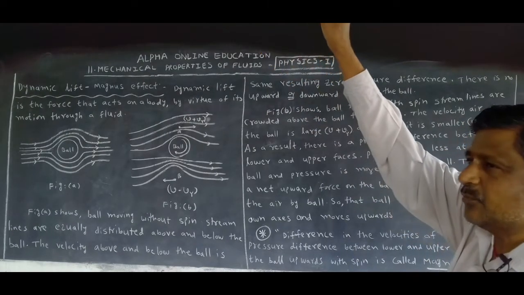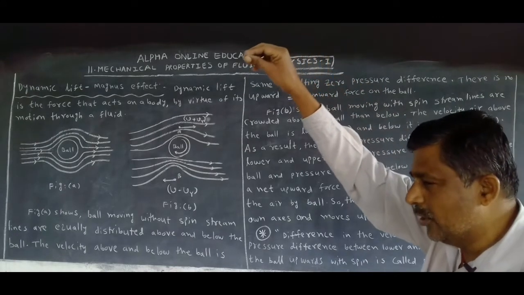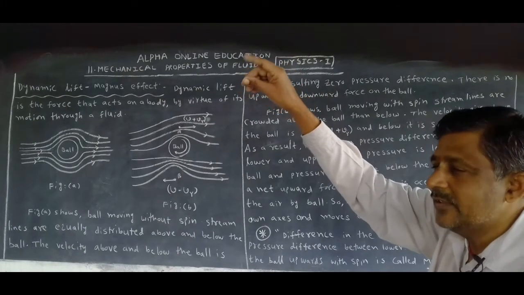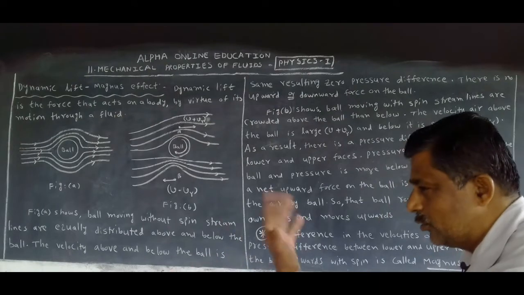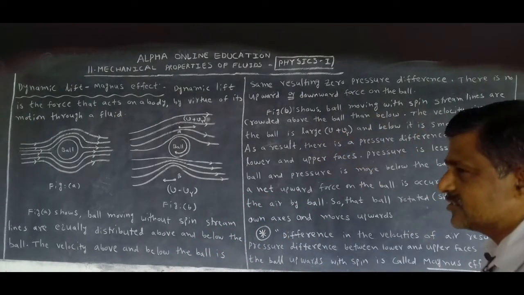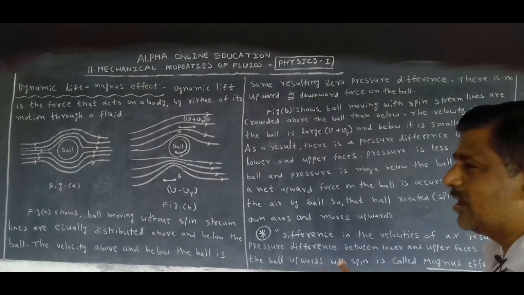The velocity is more at the top of the ball, so the pressure is less, but below, the velocity is less, that is V minus VR, so the pressure is more. So there is a difference in pressure. So the ball not only spins but also moves upwards, means dynamic lift occurs. This is called the Magnus effect.